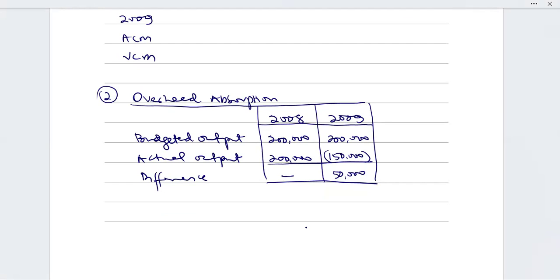When budgeted output is lower than the actual output, it is under absorption. But if the budgeted output is greater than the actual output, it is over absorption. So in this case, this 50,000 units you have here is over absorption. If it is over absorption, what do you do? You add the over absorbed overhead to the cost of goods sold. So what we have here, the difference.